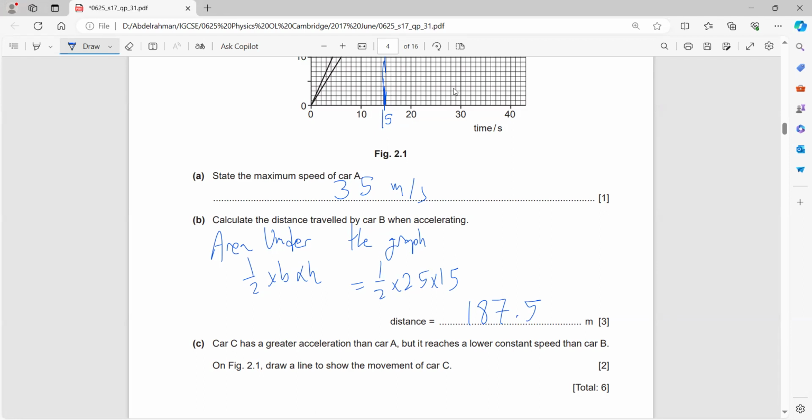Car C has a greater acceleration than car A, but it reaches a lower constant speed than car B. Greater acceleration, but it reaches a lower constant speed. How can I solve this?